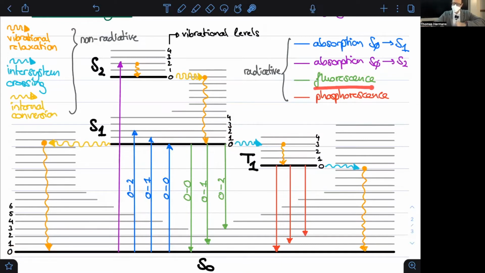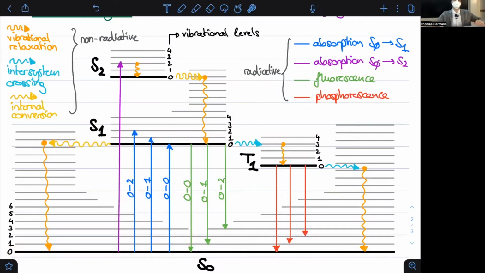Fluorescence, which is this green thing, can only happen from the first excited state back down. And we'll see actually that these transitions also have the same numbers, right? So we have from 0 to 0, from 0 to 1, from 0 to 2. So we'll see that that will be important later.